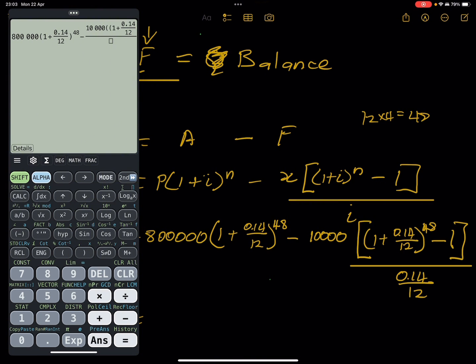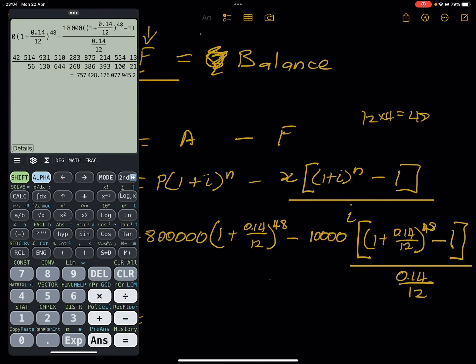Right, now these can be very tedious, ladies and gents, and please make it a point that you do as much as possible in your calculator. So that's minus 1, and let's close that bracket, and this would be divided by 0.14 over 12. Okay, so there it is.